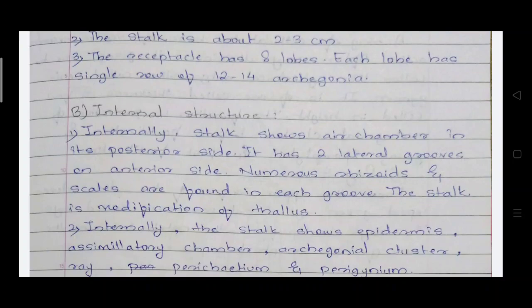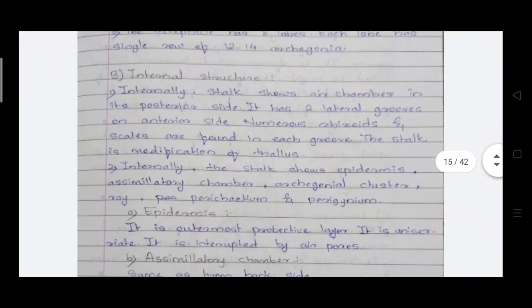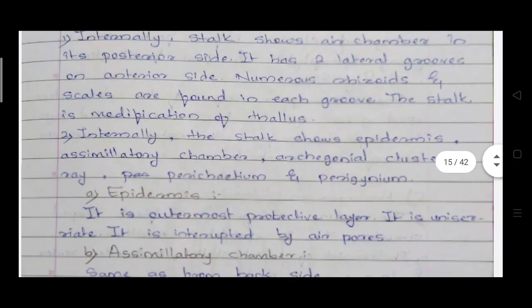So the internal structure of this Archegoniophore: the stalk shows air chambers on the posterior side and lateral grooves on the anterior side. Some rhizoid scales are also present on the grooves, and the receptacle and the stalk are modifications of the thallus. Internally, these are similar to the Antheridiophore.